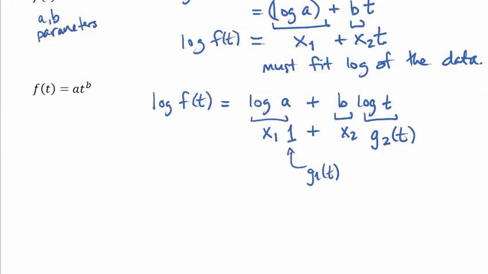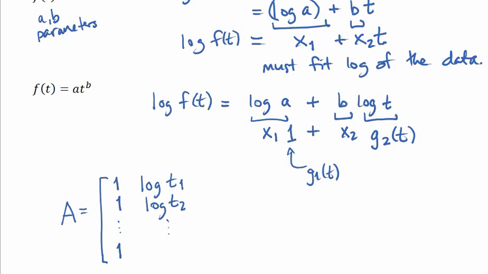So if we were to write this out, the matrix A would consist of evaluating g1 at all the different points in the first column, evaluating g2 at all the different points in the second column. So that's log of t1, log of t2. Okay, those are our only two columns. x consists of the two parameters x1 and x2.